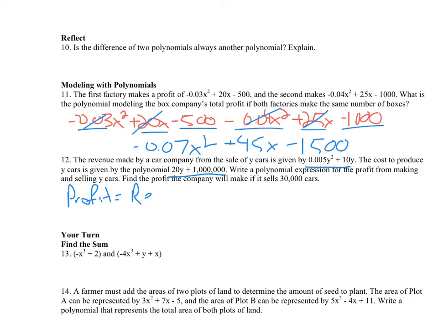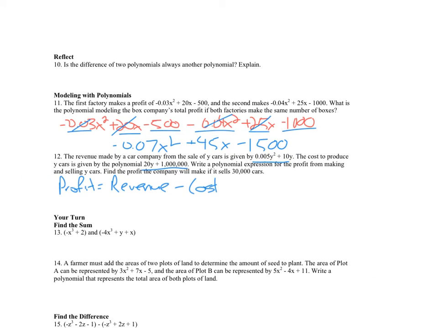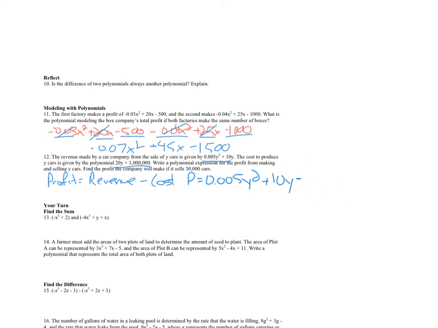equals your revenue minus your cost. So in this case, our profit, we'll call P, equals our revenue, which is 0.005y squared plus 10y, and then we need to subtract our cost, which is 20y plus 1 million.